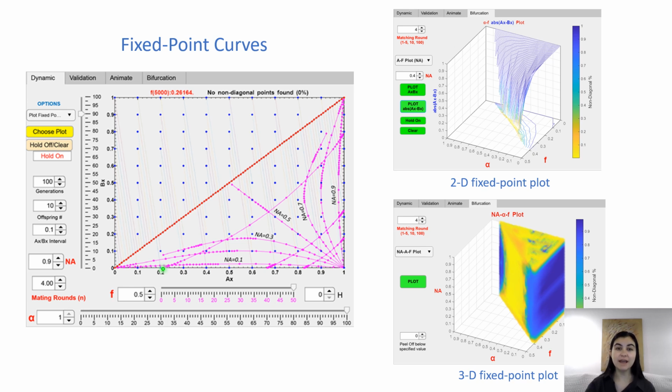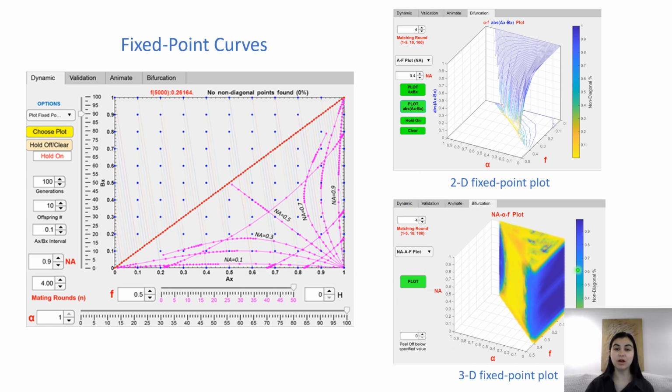For variable NA, which is the niche carrying capacity ratio, we see that the fixed points look like parabolas which intersect with the fixed point curves for alpha and F variables here. So as NA moves away from the value 0.5, either larger or smaller, it is less likely to have fixed point convergence.